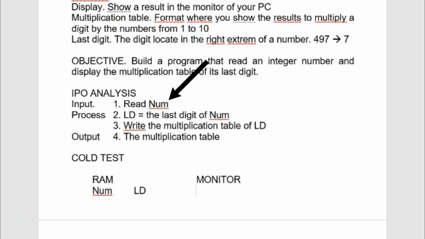Step number 1, read num. Suppose the computer reads the number 38. So 38 is stored in variable num.